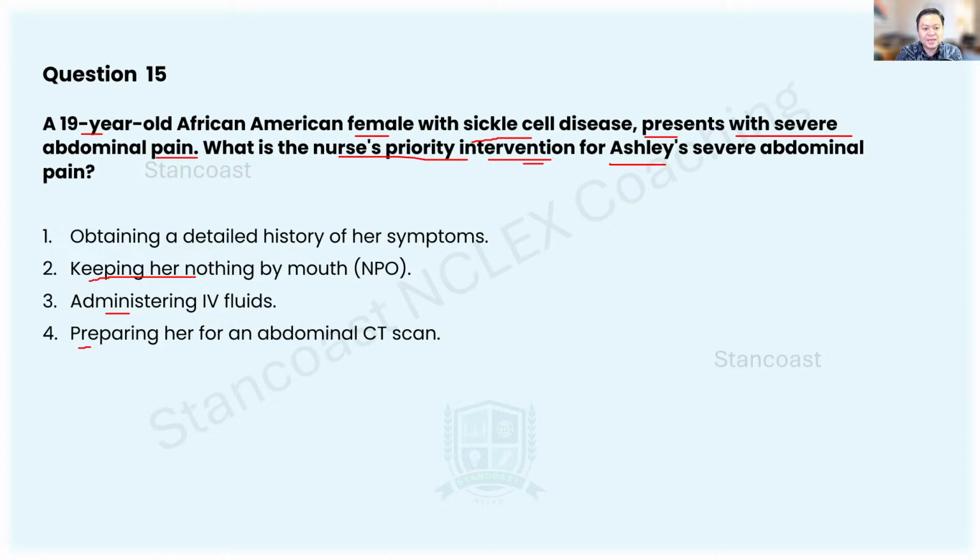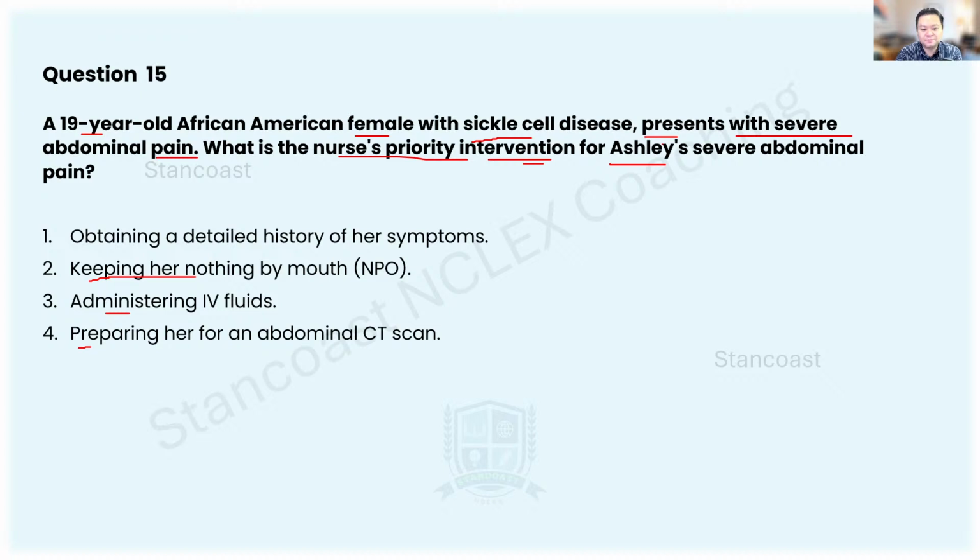This could be a very life-threatening manifestation that you need to really keep an eye on. Okay? So it looks like all the interventions here are actually good interventions. You just need to prioritize the most appropriate, the critical action that you should perform for this patient.